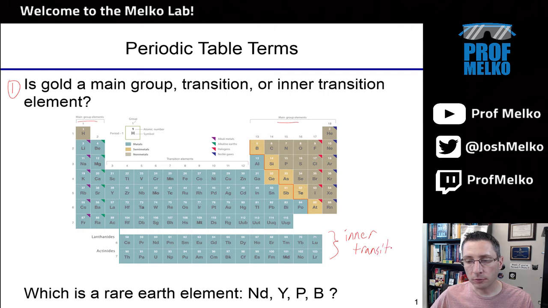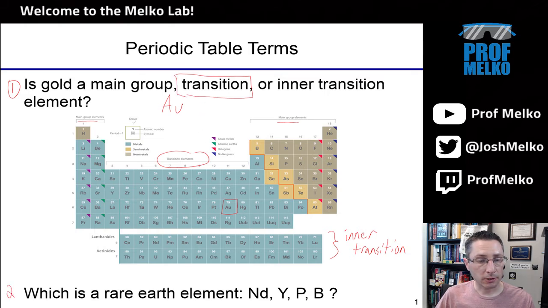To answer this question, we first have to identify the symbol for gold. It is Au, and that lies here in the middle section of transition elements. So gold is a transition element.